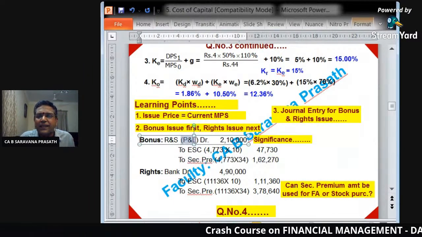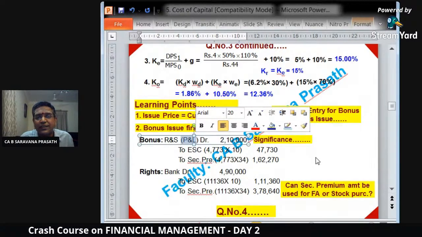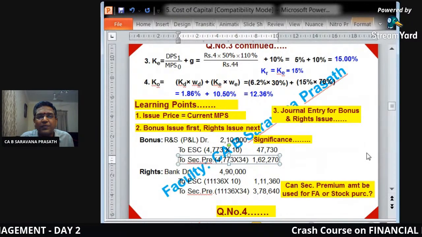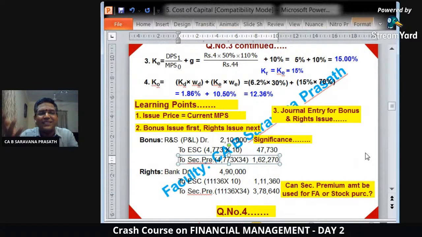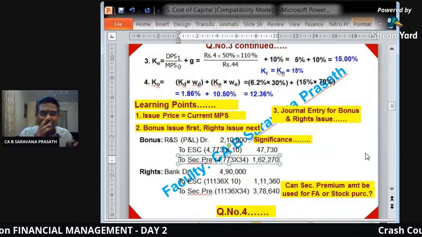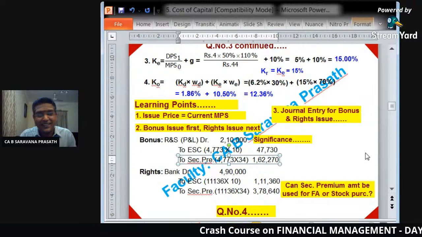If it is available as P&L balance, it is available for dividend distribution. If it is available in the form of securities premium, to that extent money is safe. It will not go out as dividend distribution. So for protecting the company's funds, a very nice significance.